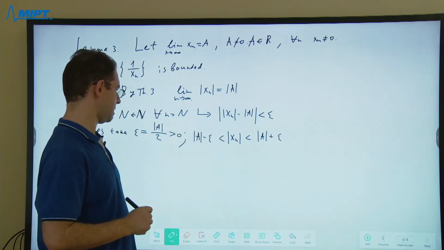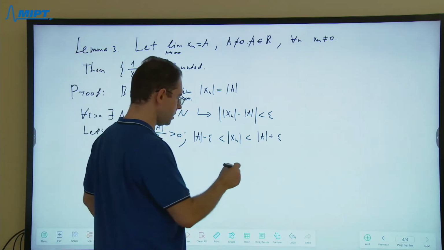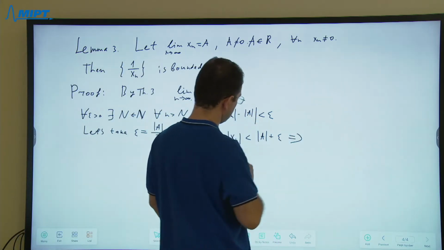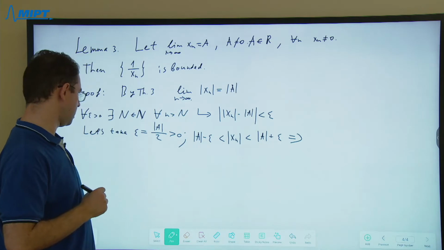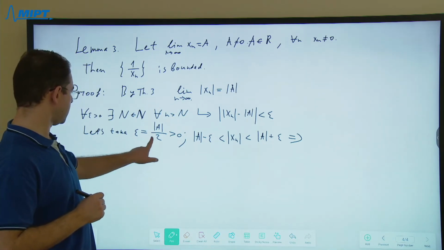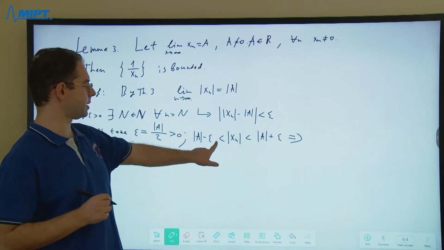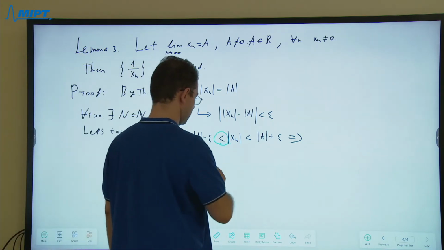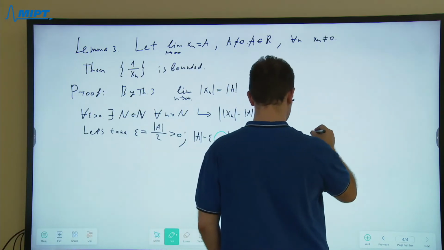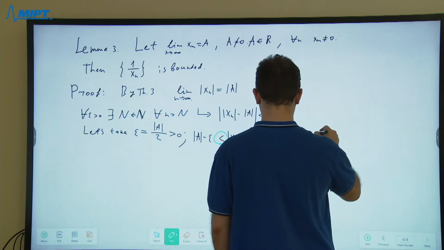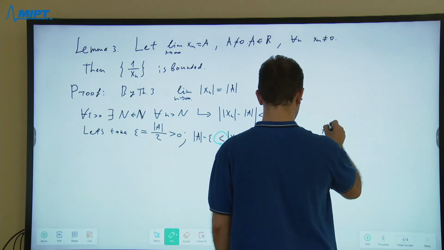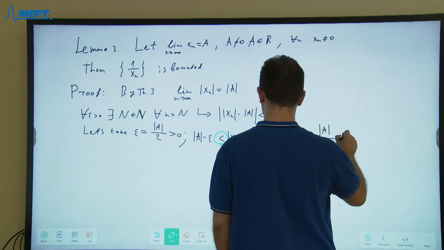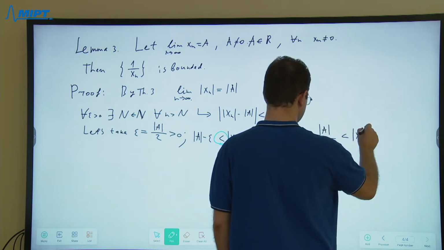In particular, I am taking epsilon equals this value and I'm looking at this part of the inequality. This means the absolute value of a divided by 2 is less than the absolute value of xn.